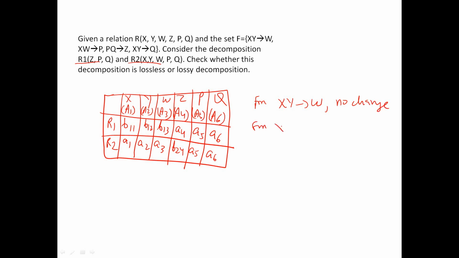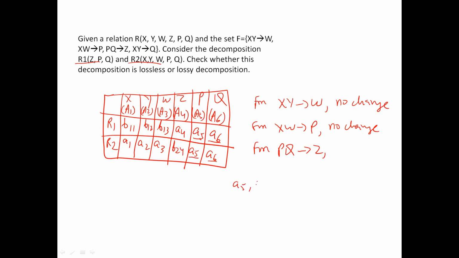Similarly for XW to P, the XW occurrences, one is B11, B13, another is A1, A3, so the occurrences are not the same, so no change. Whenever they are the same, then we'll check the right-hand side. For PQ to Z, we check PQ: one is A5, A6, another is A5, A6.